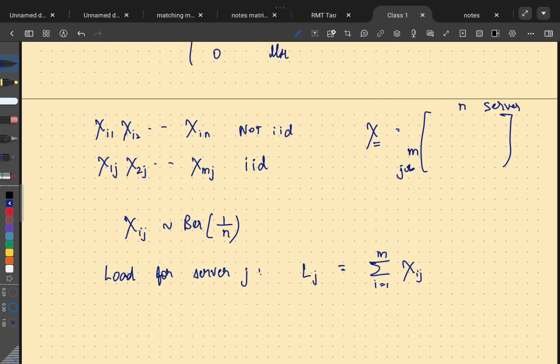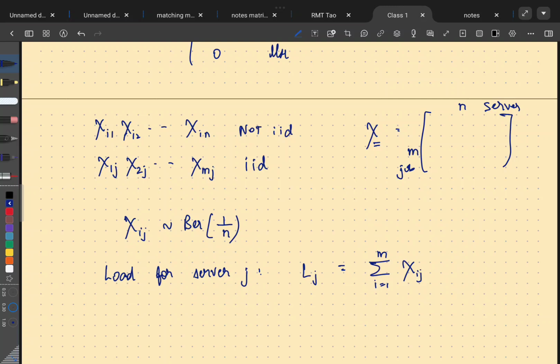So this is a useful trick. The underlying random variable was a bit complicated because you have a number of jobs, you have servers, you have this random allocation, but we expressed all of these as a sum of Bernoulli random variables.